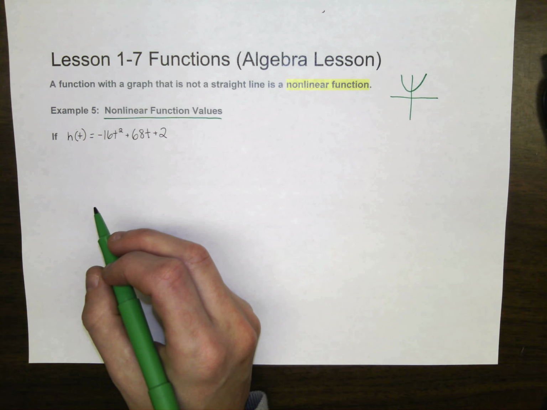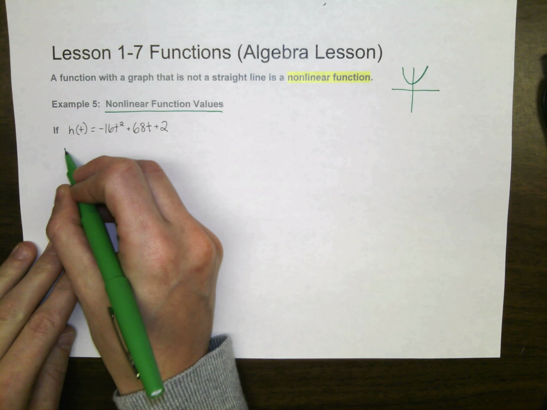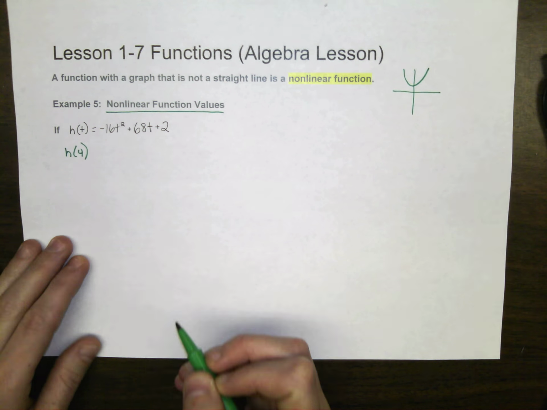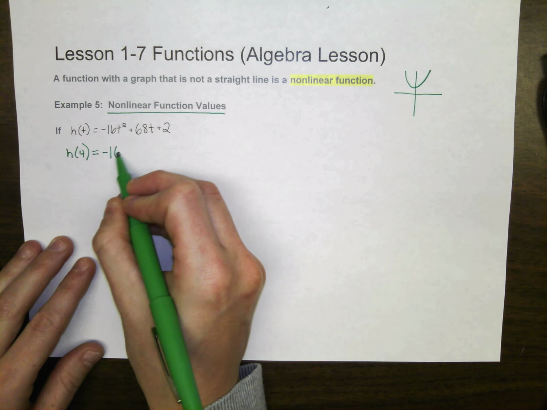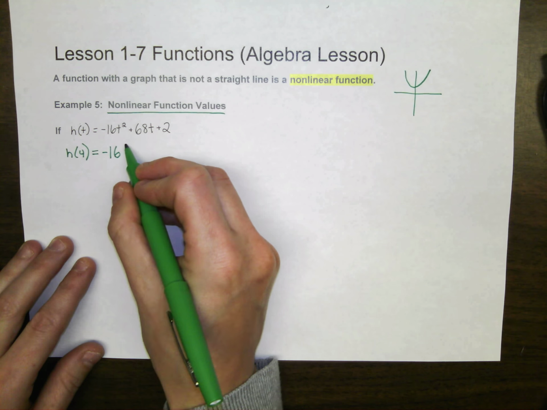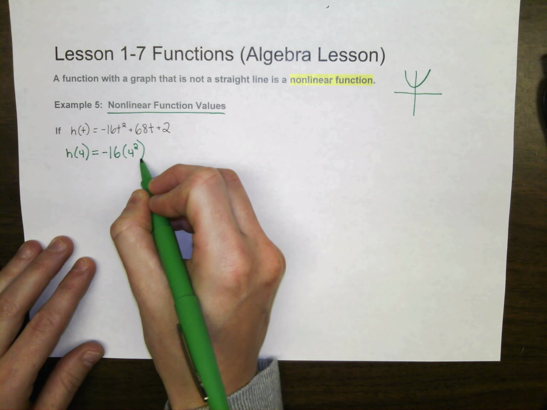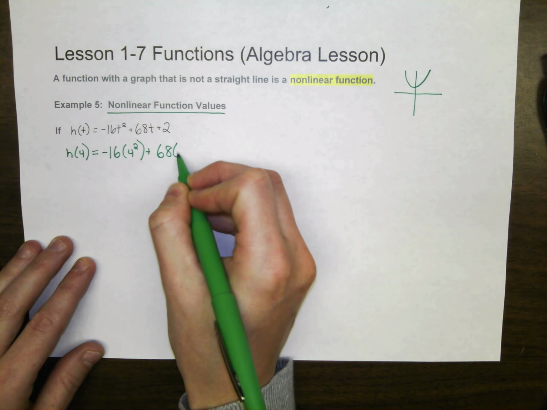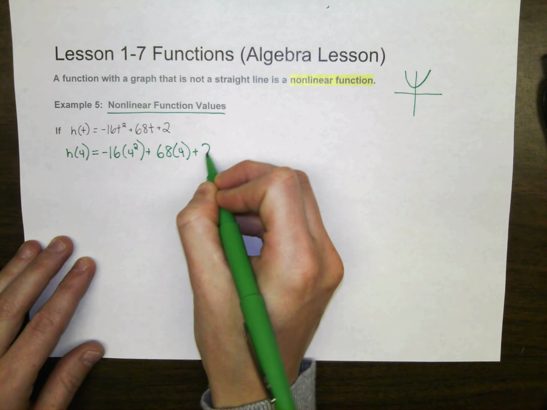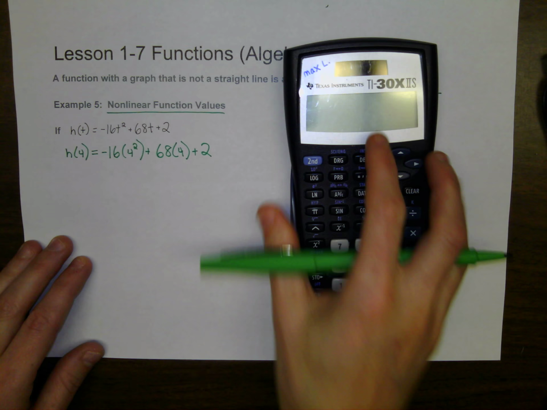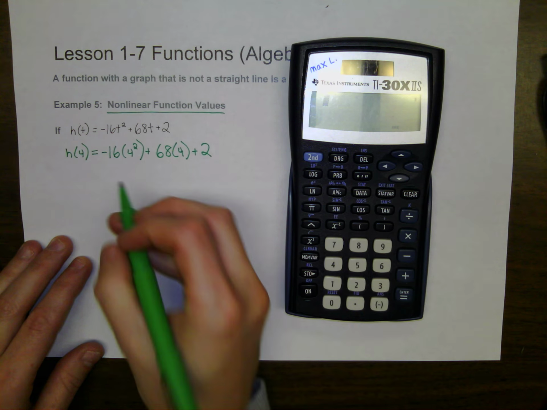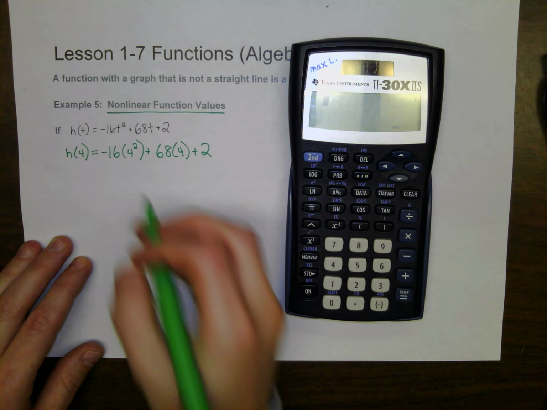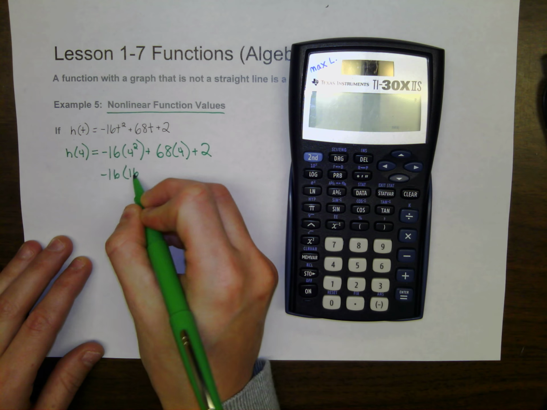And let's try it for when h is 4. We'll evaluate it. So in this case, it's the same way. You substitute it in. Negative 16 times 4 squared plus 68 times 4 plus 2. So I'm going to get my calculator here. So I have 4 squared, which is 16, times negative 16.